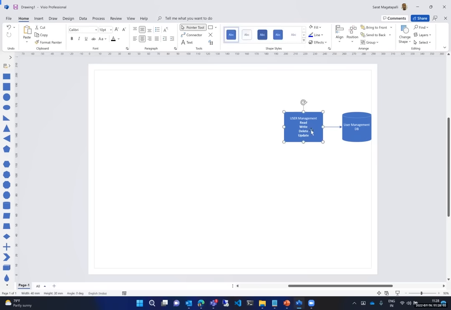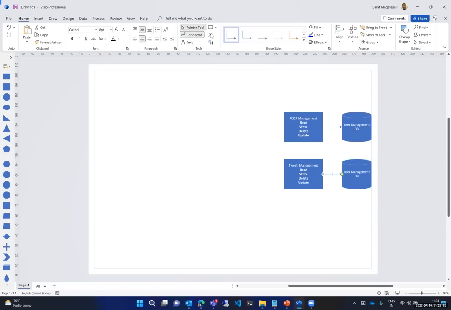Next, I have tweet management. Same thing, I'll have one more microservice. Each microservice is an individual component, so one more tweet management service which talks to its own DB, the tweet management DB or tweet DB.